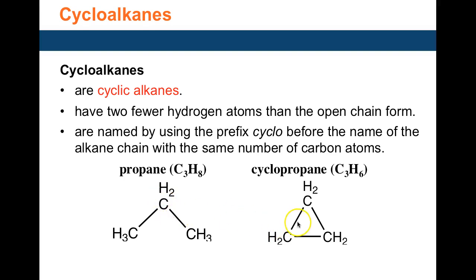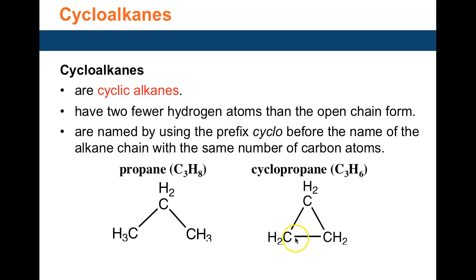Whereas in cyclopropane, you have a ring structure, a triangular structure. So these two carbons at the end in propane end up losing a hydrogen each and connect to each other through this ring. You need a minimum of 3 carbons to form a cyclic alkane, so cyclopropane is the first of the cyclic alkanes.